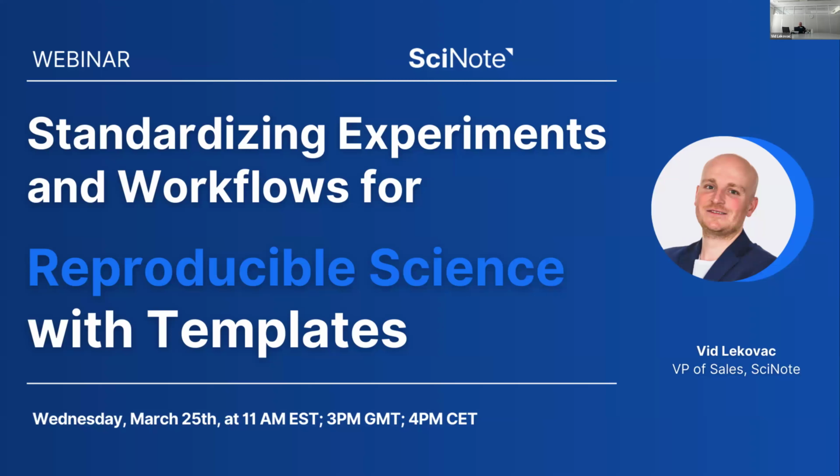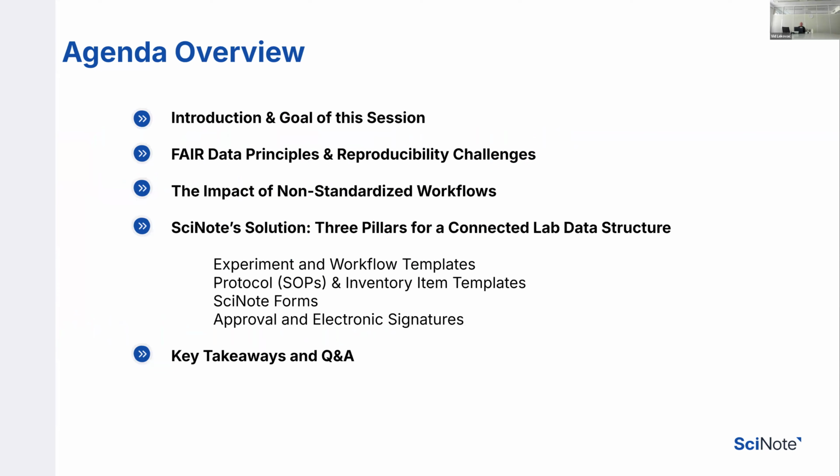I'll jump to the agenda and briefly first discuss what we're going to talk about today. I'm going to do a quick introduction to SignNote. I know some of you already know who we are and what we do. Then I'll talk about what our goal is for today.